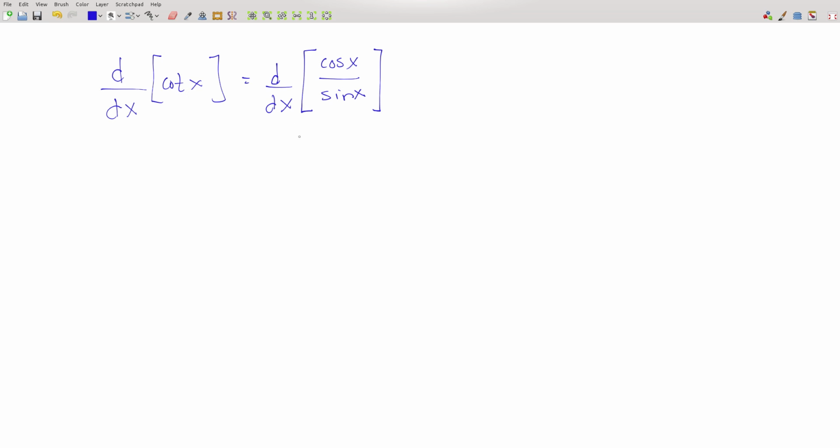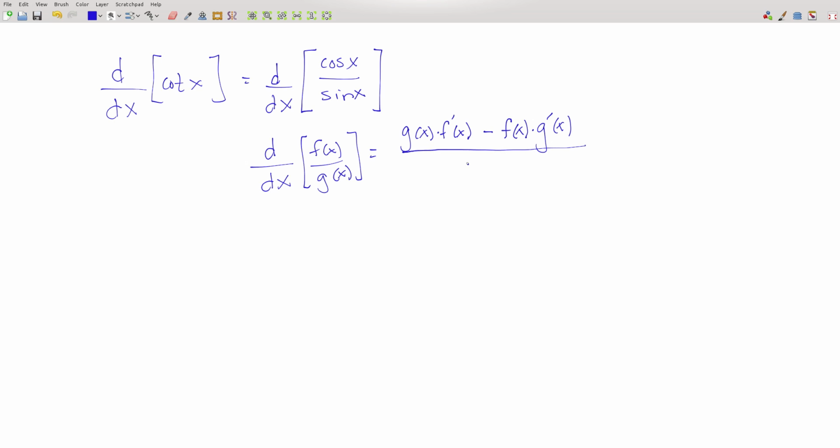the reciprocal of the tangent. And then we're going to use the quotient rule, which says that the derivative of a function divided by another function is equal to the bottom function times the derivative of the top function minus the top function times the derivative of the bottom function over the bottom function squared.